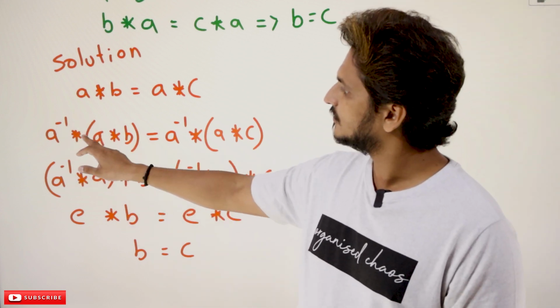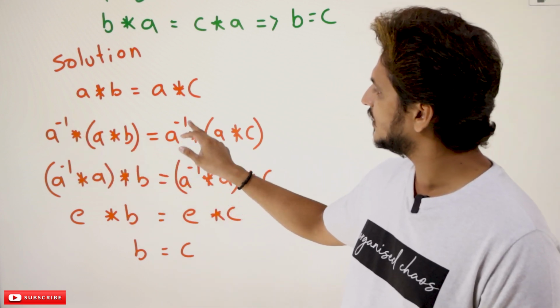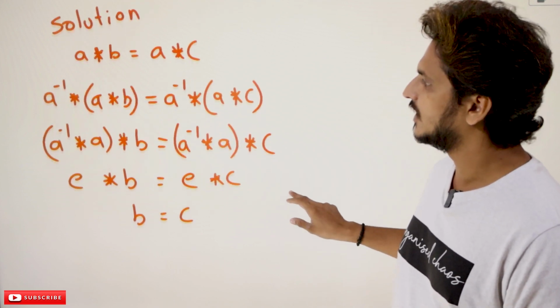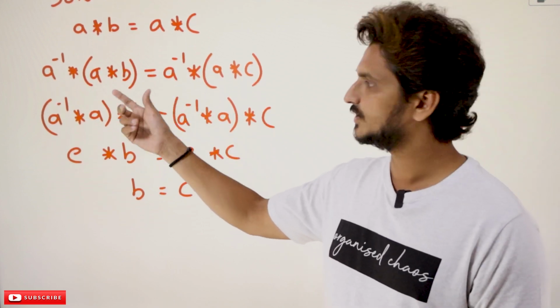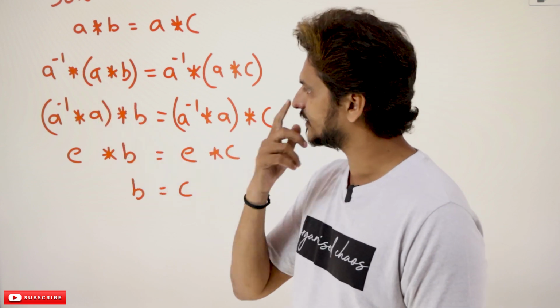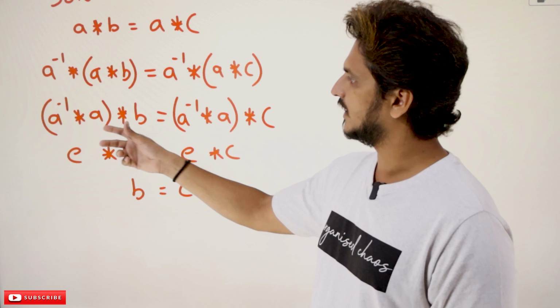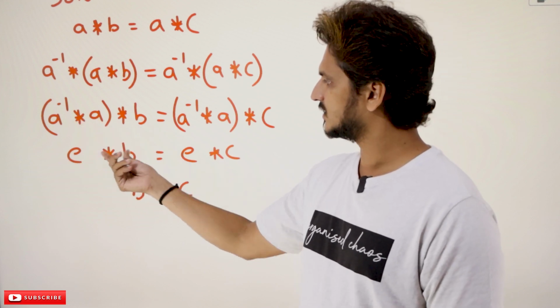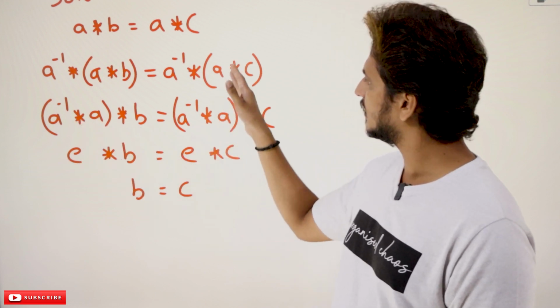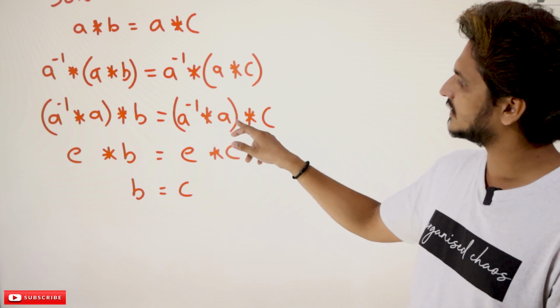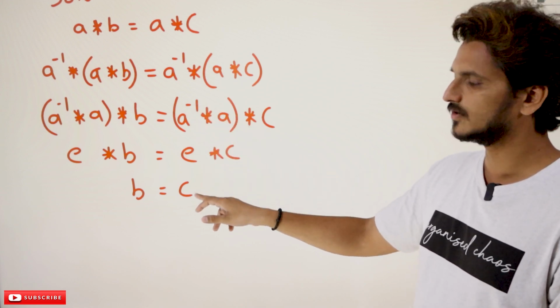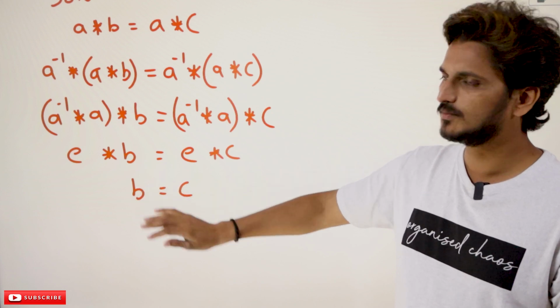So A inverse star A star B is equal to A inverse star A star C. You can apply associative property. These brackets can be placed to either side. A inverse star A star B. A inverse A means E. E star B means B. Similarly, on the right hand side, A inverse star A is equal to E. E star C is equal to C. So from this, we are showing that B equal to C.